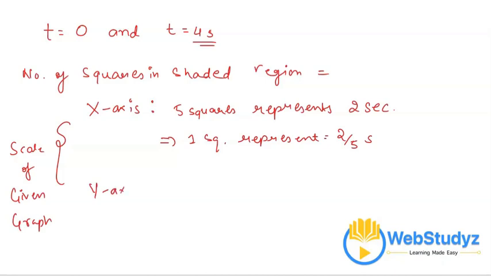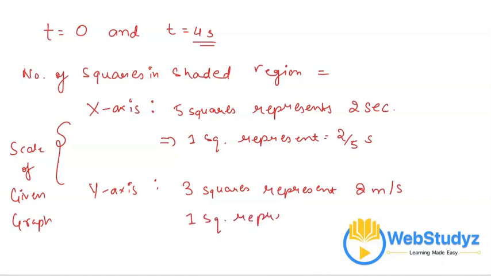Similarly, for y-axis, 3 squares represent 2 meters per second and 1 square represent 2 by 3 meter per second.